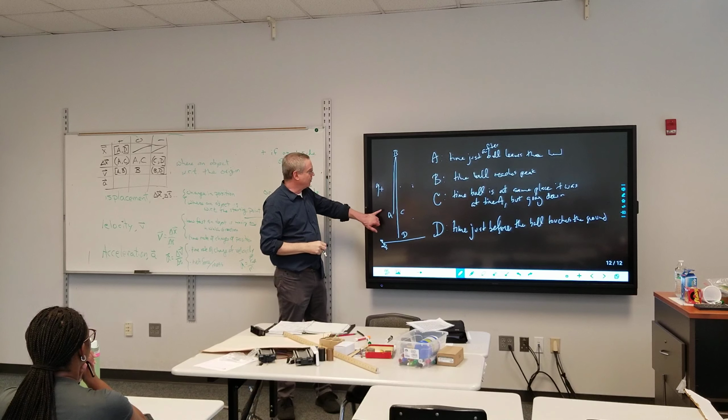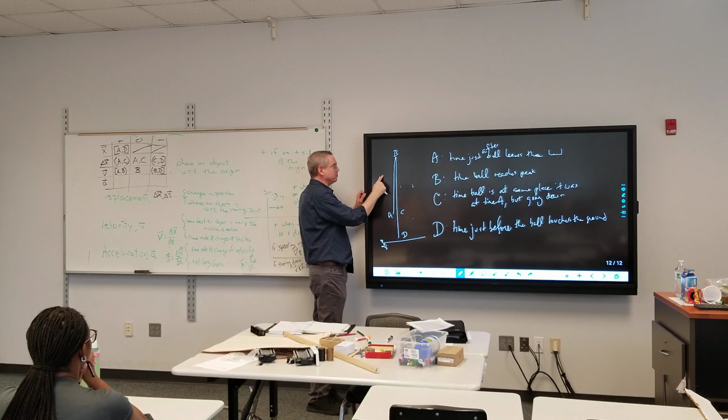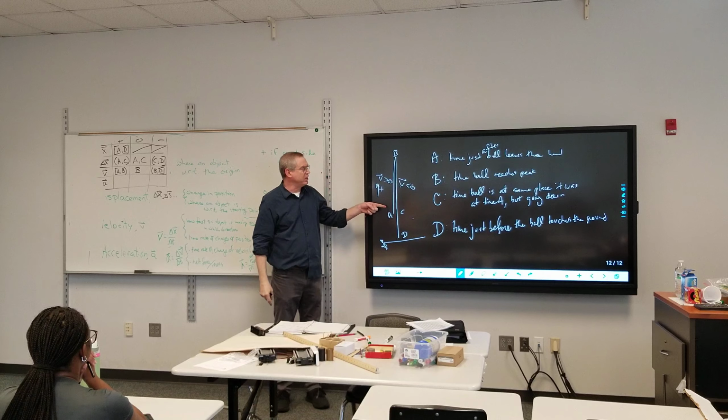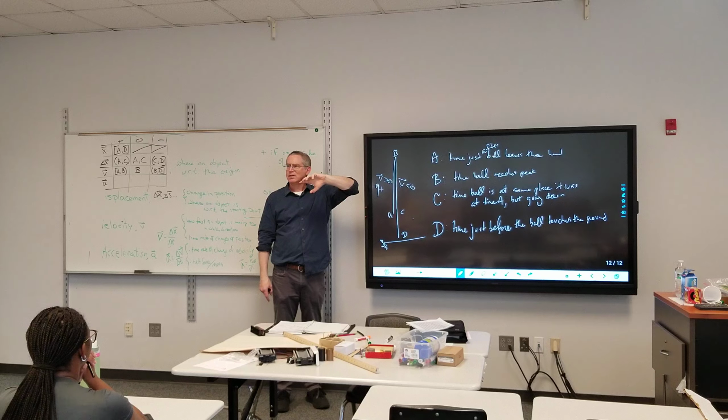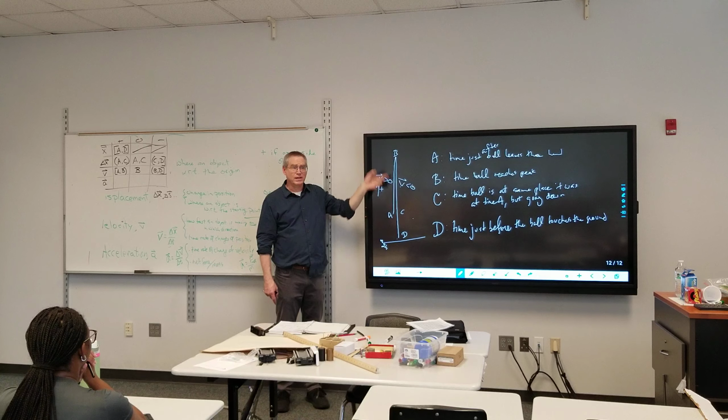All right, so in this first part my velocity was positive. Over here, my velocity was negative. In this first part, is it speeding up or slowing down? If I throw a ball, it speeds up as it goes to the peak. We have very different life experiences. So from B to D, is it speeding up or slowing down?